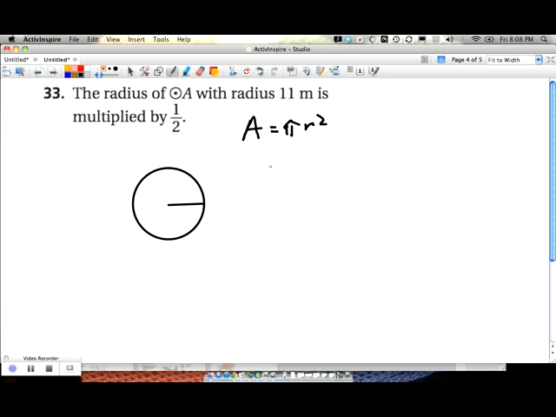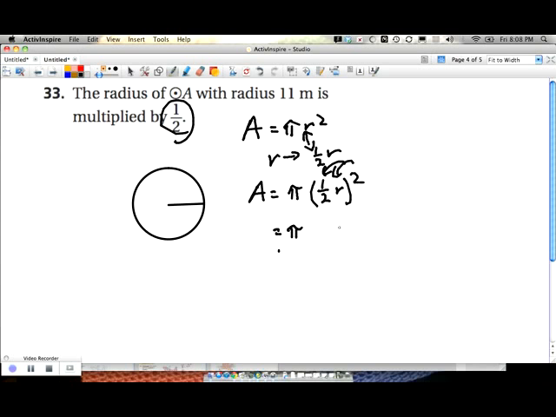R is now becoming 1/2 r. So I got to replace this radius with this new one. That means the area is equal to pi times the new one, which is 1/2 r squared. Well, this squared is going to square both the r and the 1/2. So that's just pi times r squared times, what's 1/2 squared? It's 1/4.